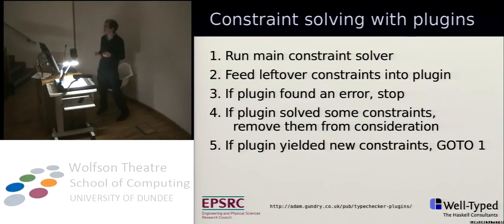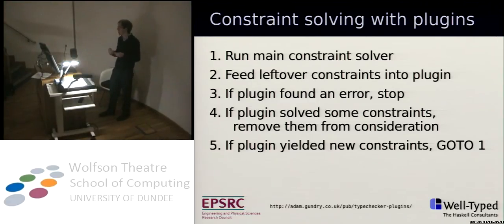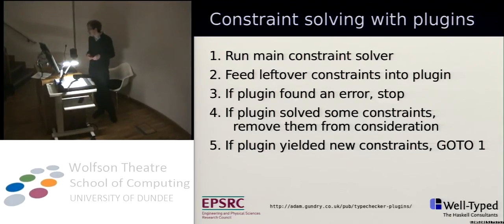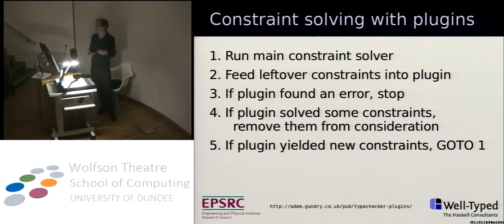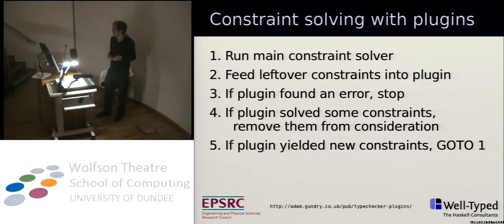It can't change the constraint solving process that's built in, but it can extend it by adding new ways of solving constraints. And then if the plugin discovers an inconsistency, then the constraint solving process can stop. If it solves some constraints, we remove them from consideration. And if it produces some new constraints that it wants to be solved, then we can go back to the beginning and invoke the main constraint solver again, thereby building up this sort of constraint solving process, which hopefully terminates, although it's quite hard to give guarantees about that.